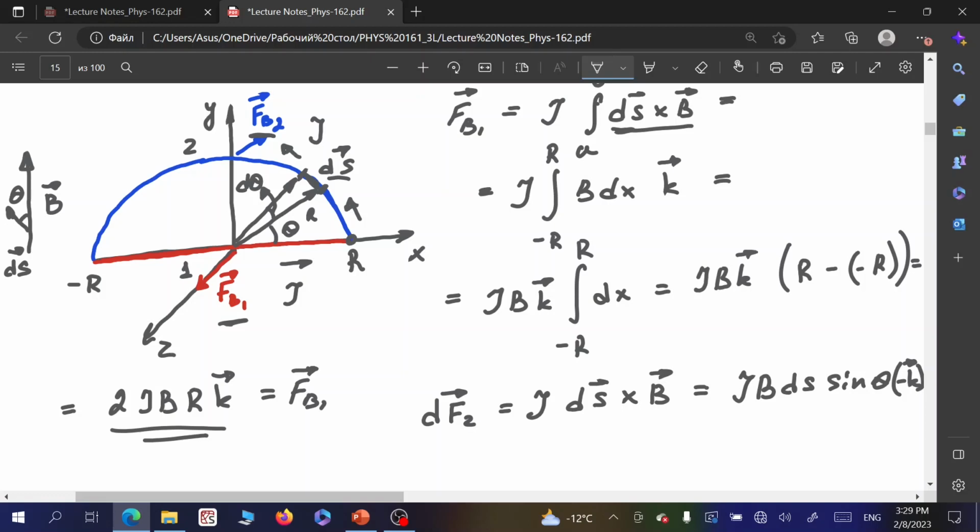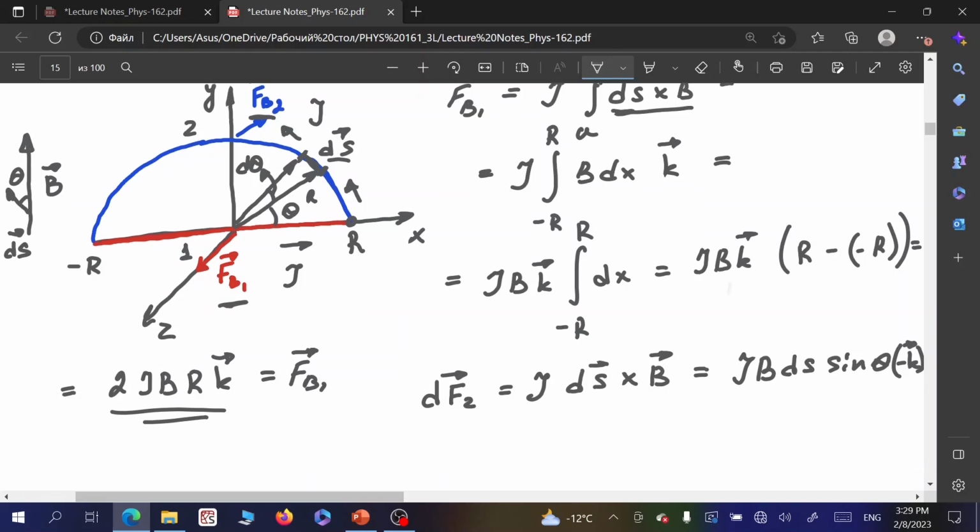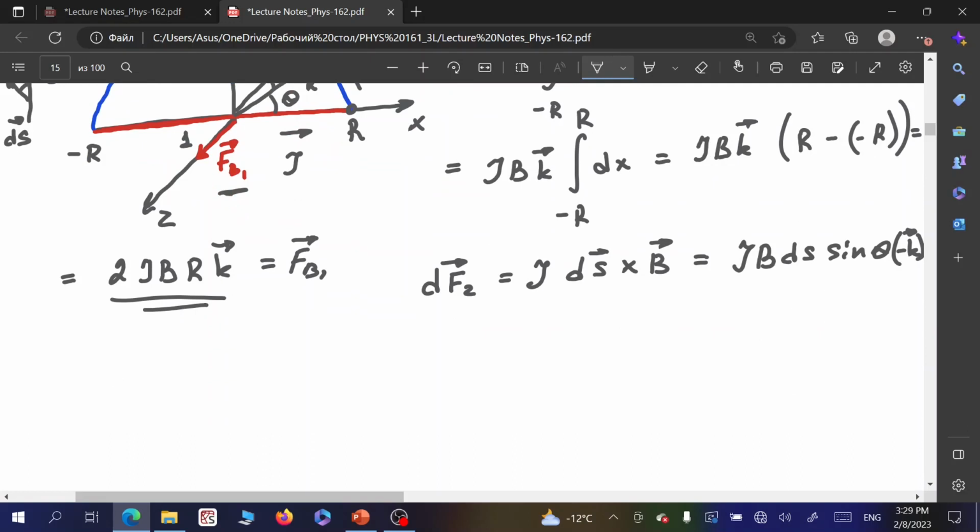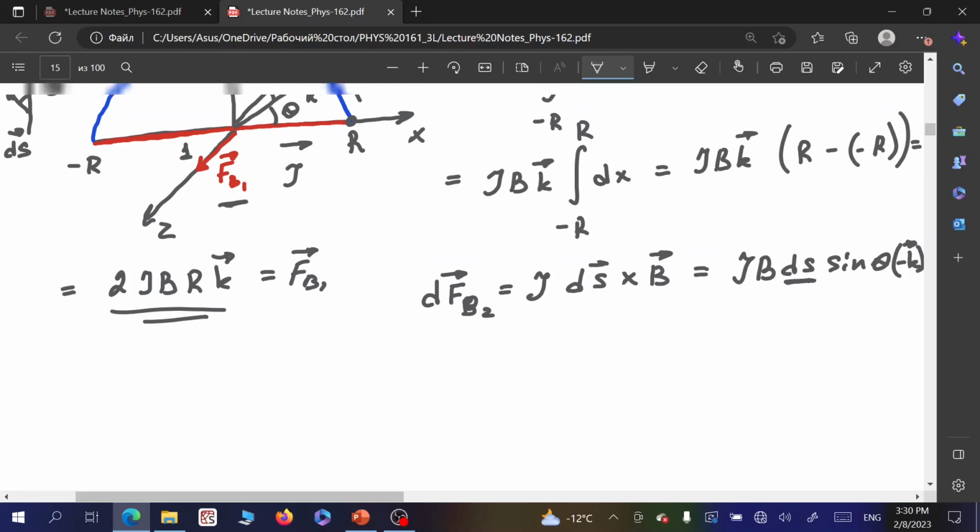So that will be true for dFB2. Now, in order to proceed further, we need to express this ds magnitude, the magnitude of the ds vector. So how do we do it?